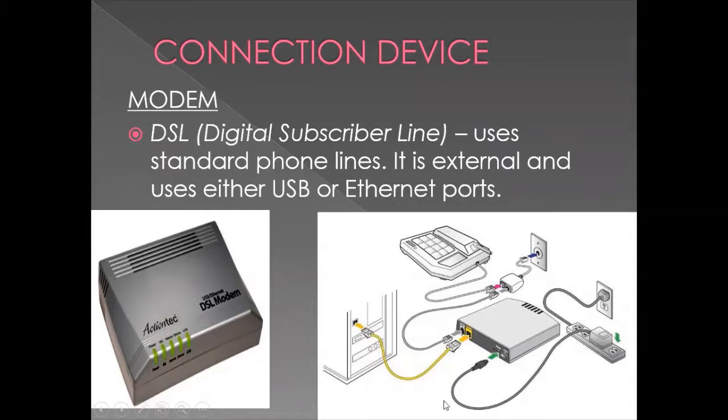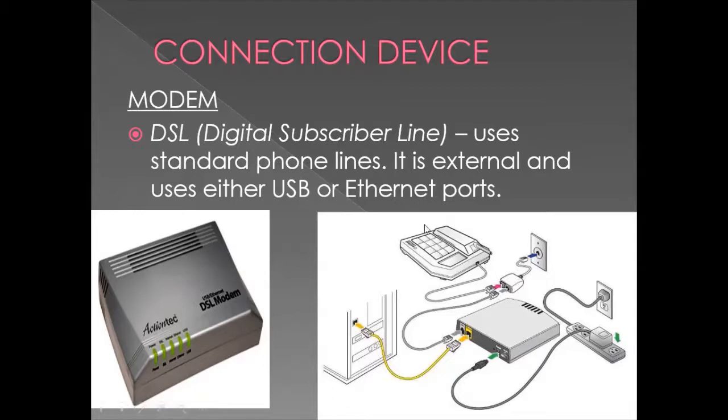The power is plugged here, and then this is a computer. In the computer, the Ethernet port is used. In the phone also, the Ethernet port is used. See, the splitter is here and so on. So this is also a DSL.